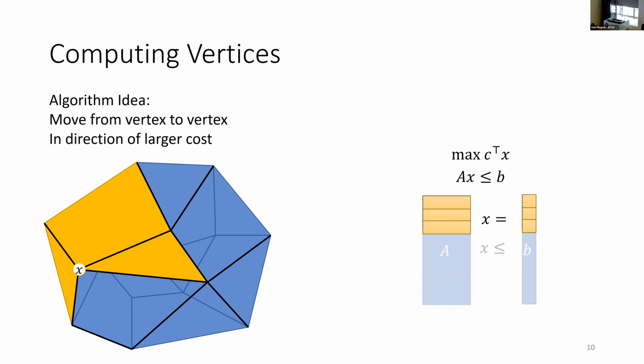So you pick a subset of the rows, and for this subset, you want to satisfy that this subset of A times x is equal to the corresponding subset of the vector b. That kind of corresponds to asking what point of the polytope lies in all these yellow highlighted facets of the polytope. So you have one of these vertices. Now going from one vertex to the next really just means you replace one of these facets by another. In particular for the linear system, it just means you select a different subset of rows. You replace one of these rows by another in your linear system.